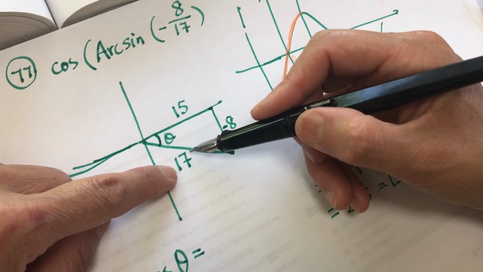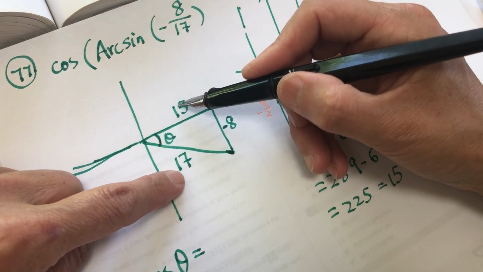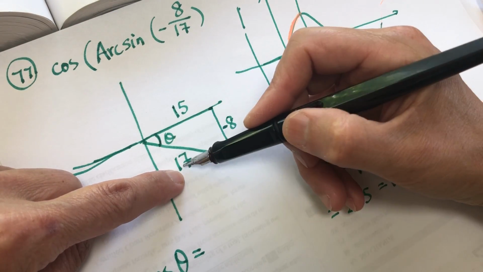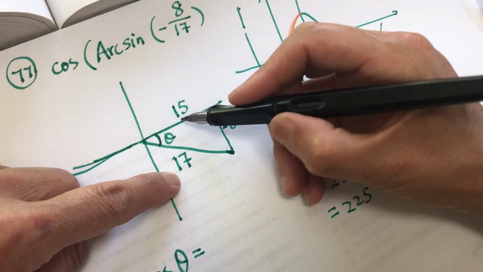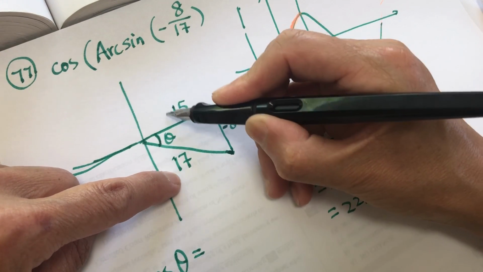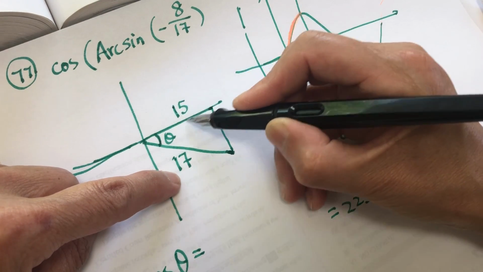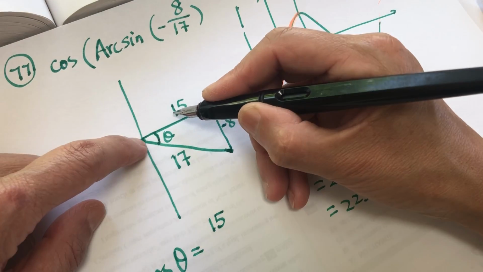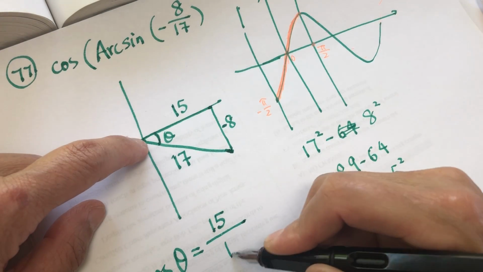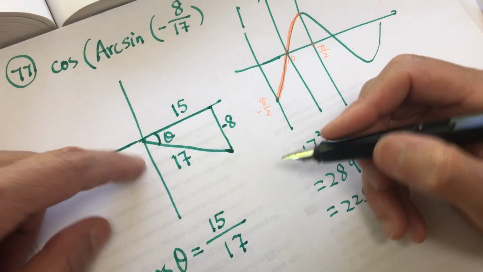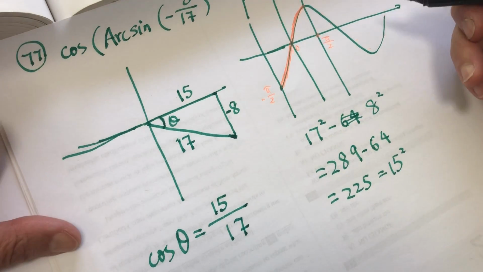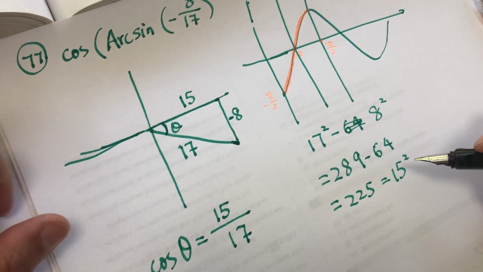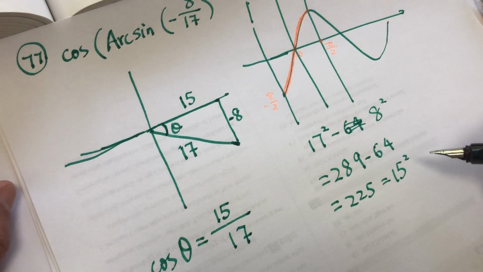What we need to know is the cosine from the side relationship. Cosine is adjacent, which is 15, and it's positive, 15 over 17. And that is the value we figured out.